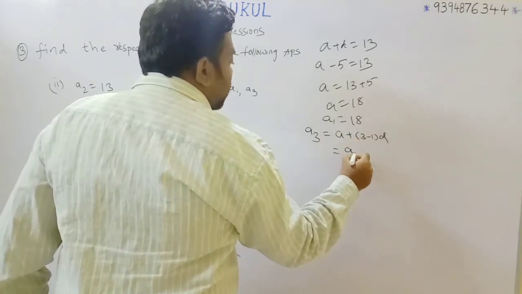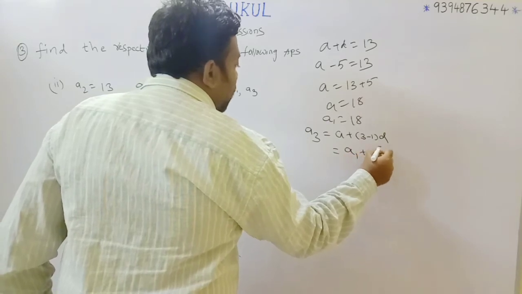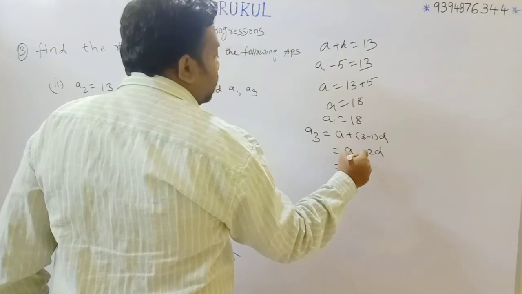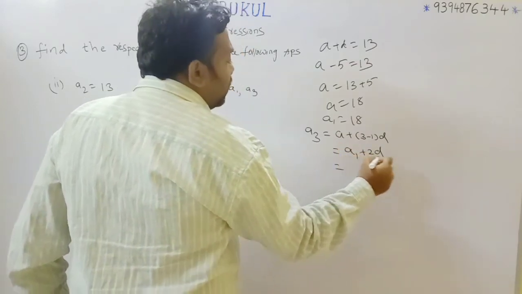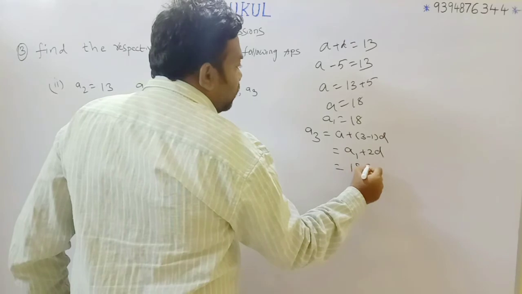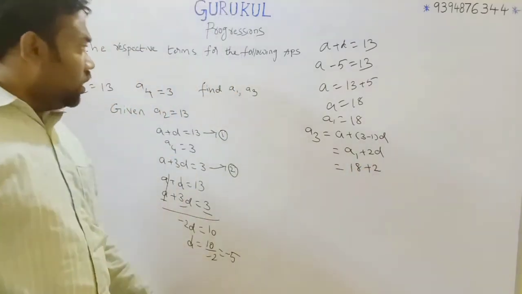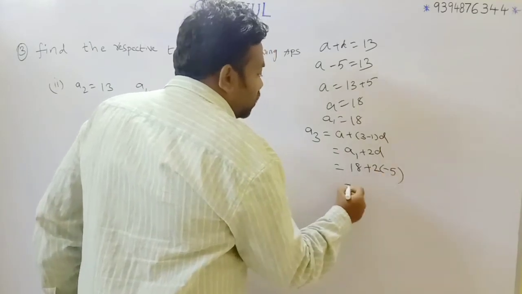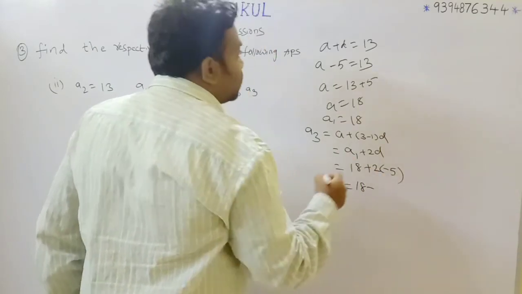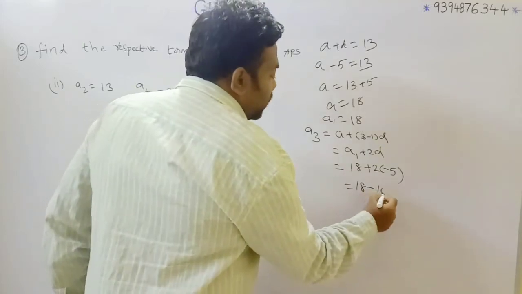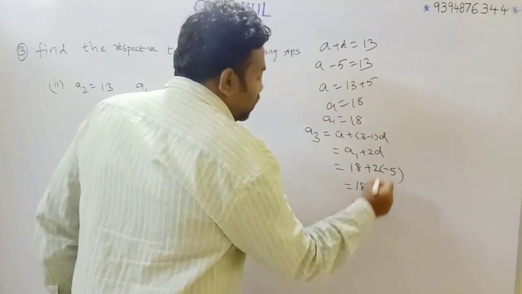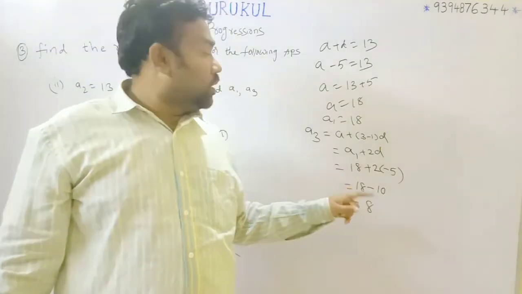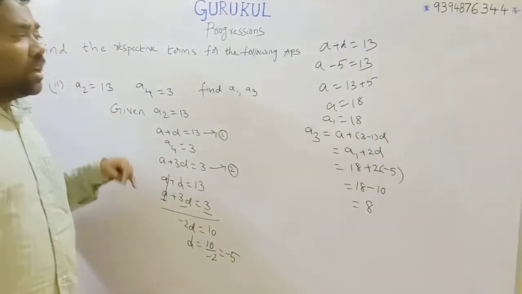The a value is 18. So here first term a1, that's why we write a1 plus 2d, 18 plus 2 into the common difference, which is minus 5. So 18 plus 2 into minus 5, minus 10. 18 minus 10, 8. This is the a3 value. So the second sum is completed.